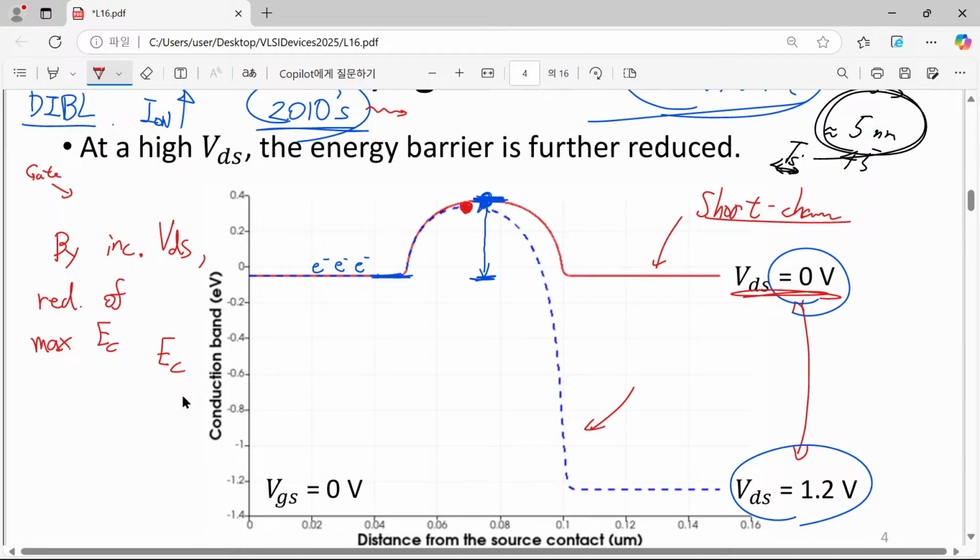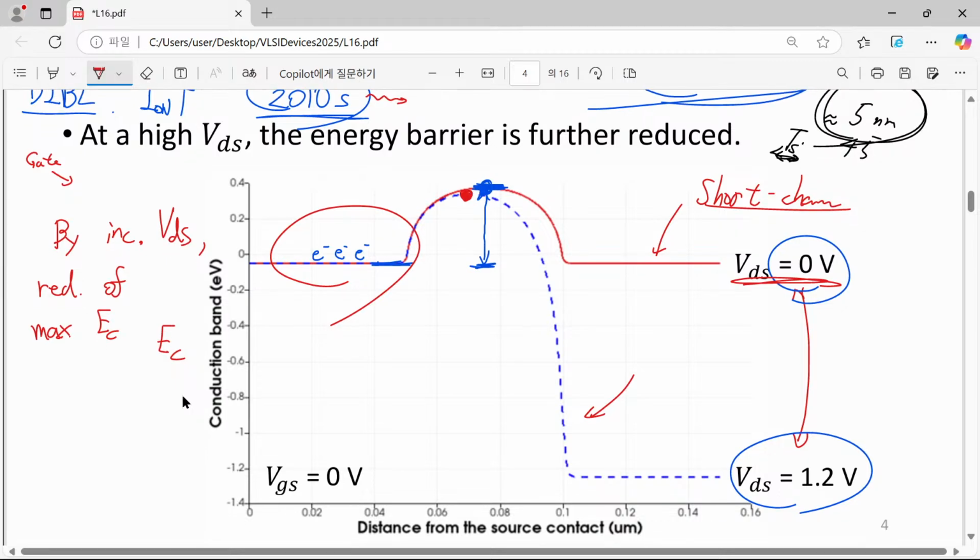So the reduction of this maximum EC value simply means that from the viewpoint of electrons in source side, the channel barrier seems to be a little bit easier to overcome. So it means that we will have more current for this case. So that's the reason why we have additional threshold voltage reduction called DIBL.